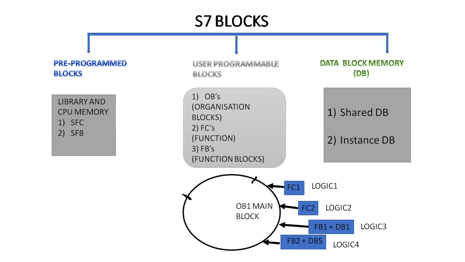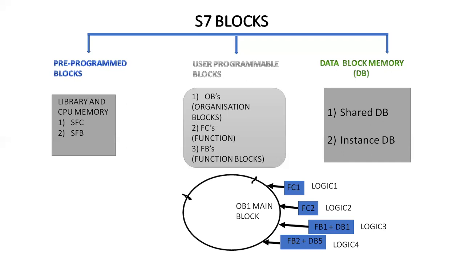Your CPU does not need to scan all the logics unnecessarily. Suppose I am disabling FC2, meaning I don't want to execute logic number 2. For that I have one input, so I can make the input off so that it will not execute this FC2, and it goes to the next block, FC3, FC4 or FB.